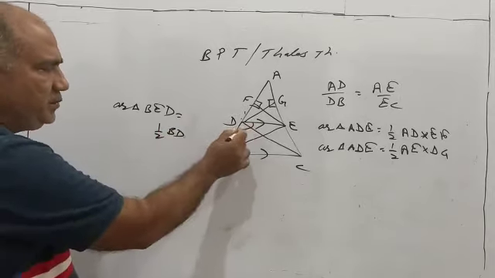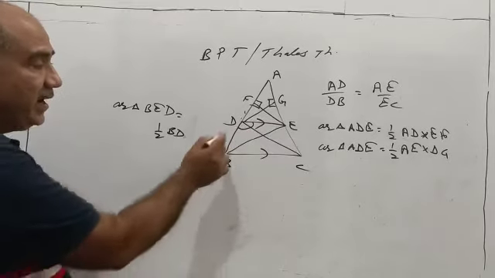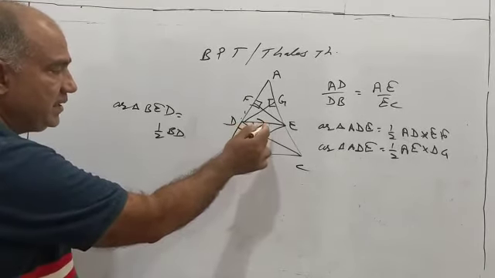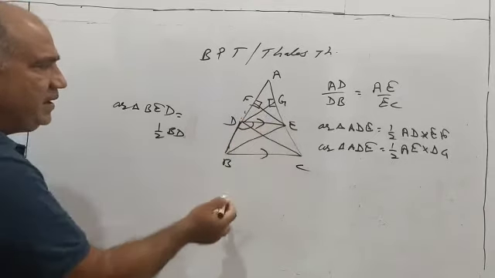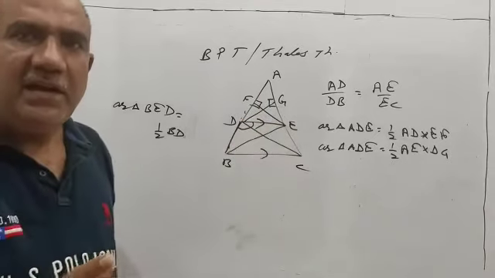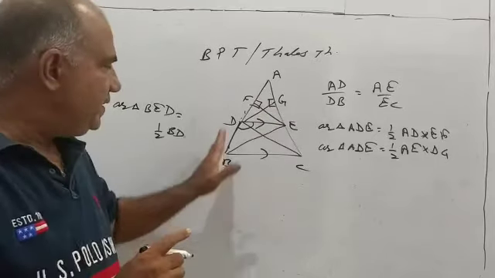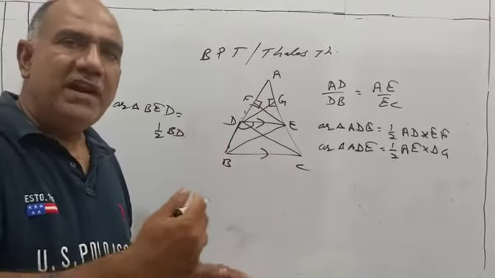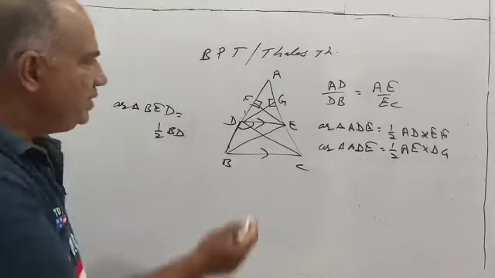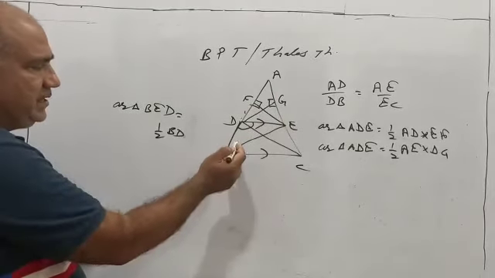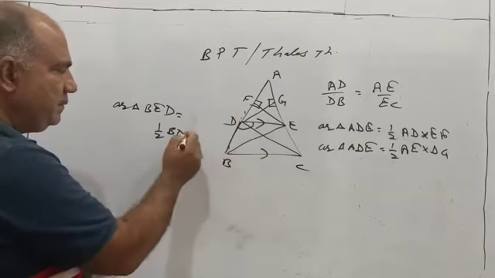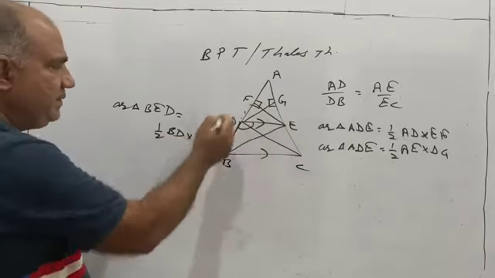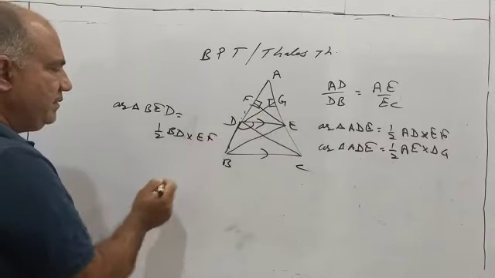But this is an obtuse angled triangle, and the height of triangle BED for base BD is EF. For an obtuse angled triangle, for a particular base, in this case BD, the altitude lies outside the triangle. So EF is the altitude. So I can write area of triangle BED as half into BD into EF.